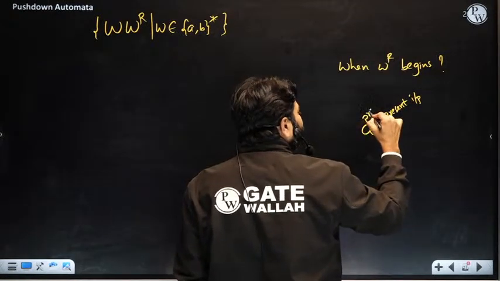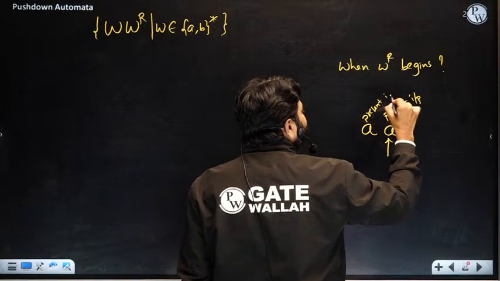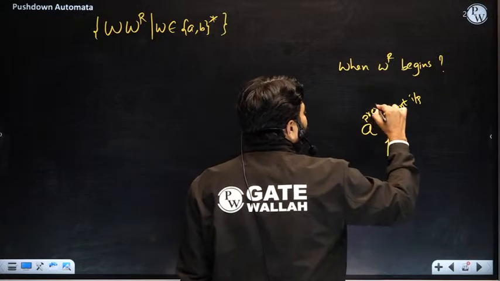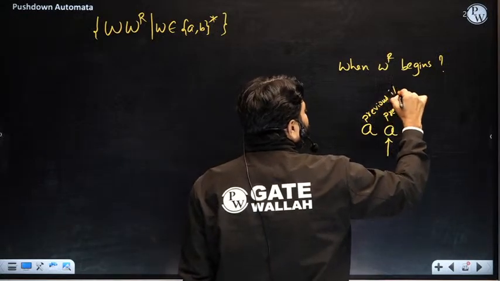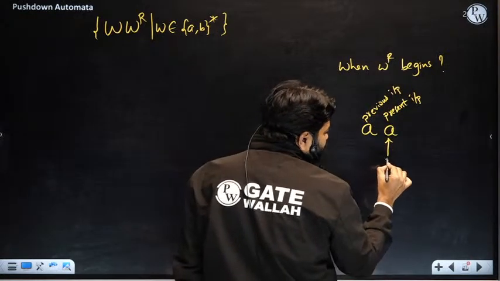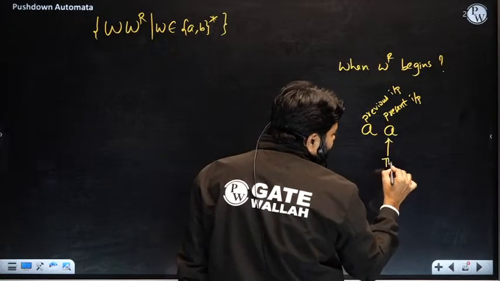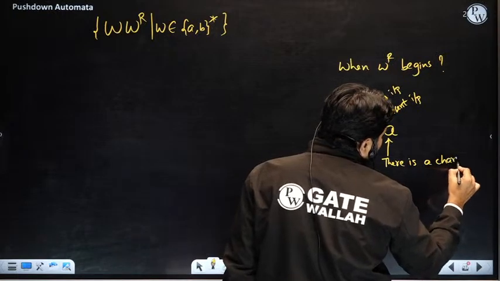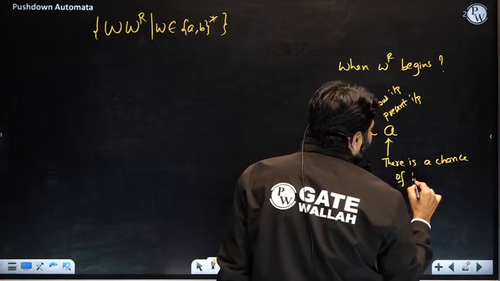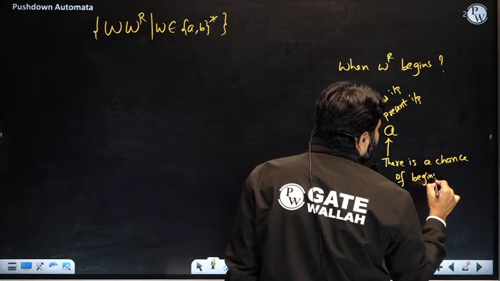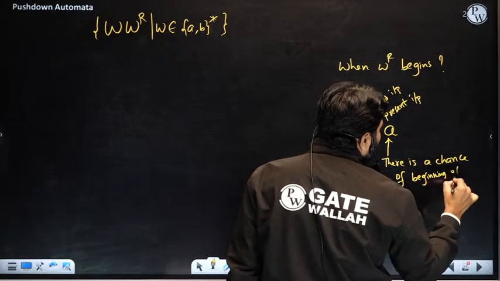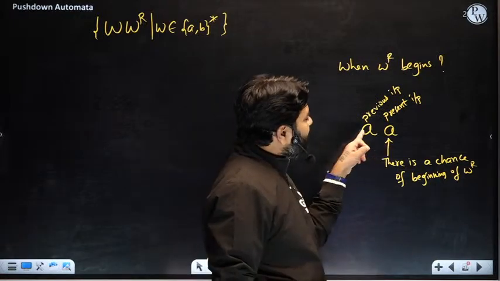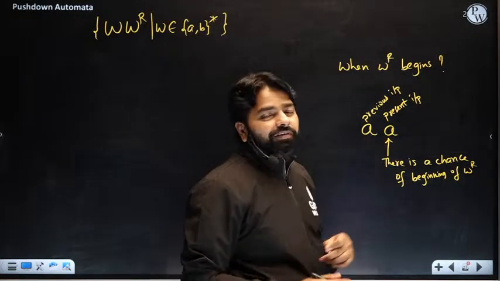Whenever you have this situation, then there is a chance at this point of time of the beginning of W power R. Why? If this symbol is the same as the previous symbol. If both are different, reverse never.